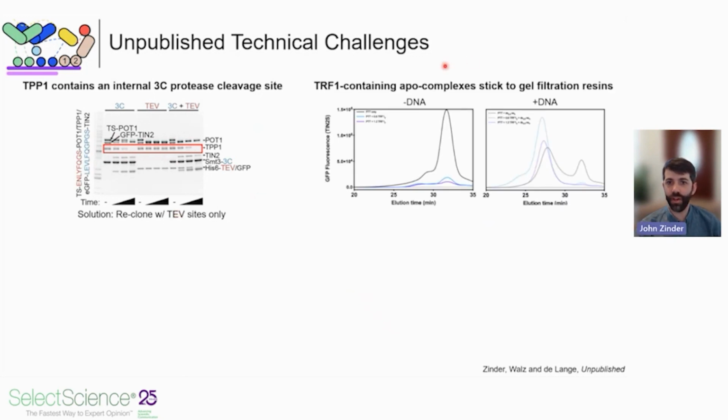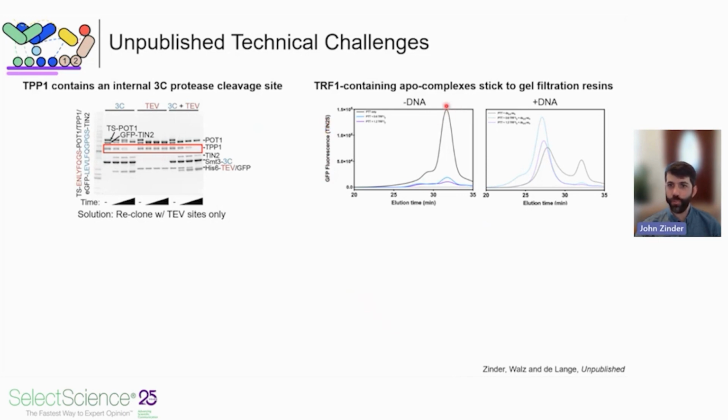And then I also found that the TRF1 containing apo complexes stick to gel filtration resins. So I can show data later that shows that it's not just that they're insoluble, but if I have the complex without TRF1, you see this really nice peak. This is an FSEC, so we're looking at GFP fluorescence, and the GFP is attached to TIN2 in this case.